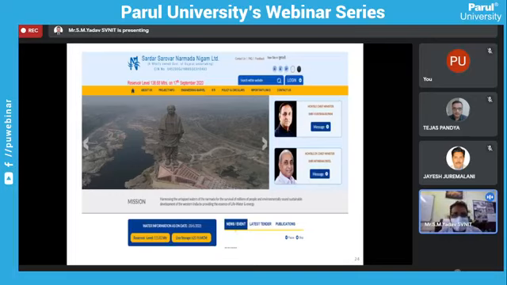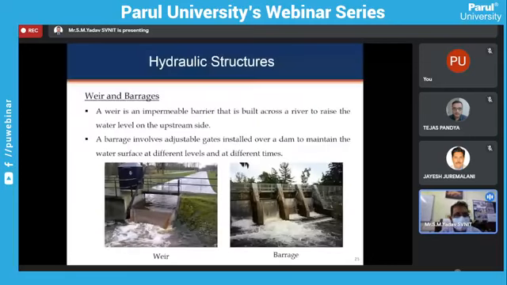This is a site dedicated to the management of Sardar Sarovar Dam, that is Narmada Dam, and the resources generated out of it. Okay, then the other hydraulic structures like weirs and barrages are constructed across the canal, or they can be constructed across a stream or river.